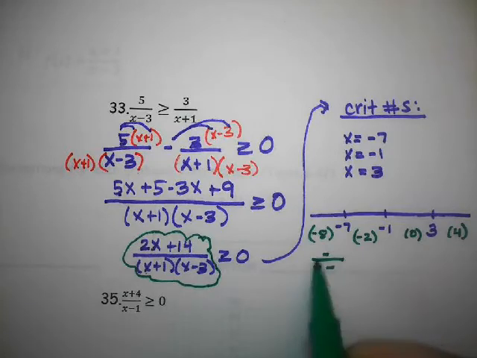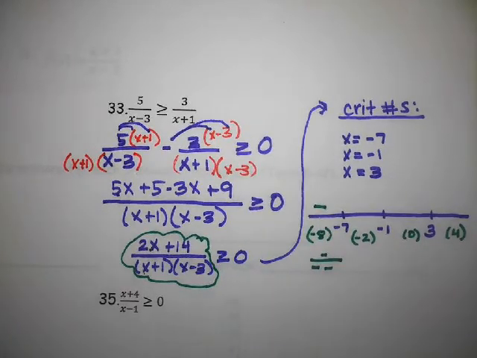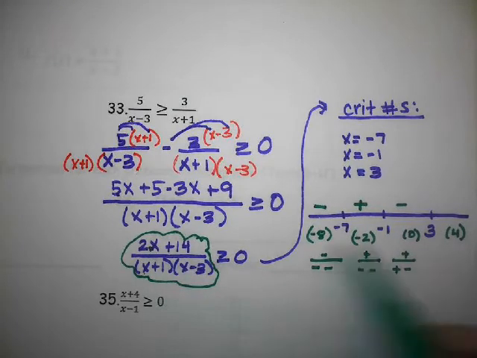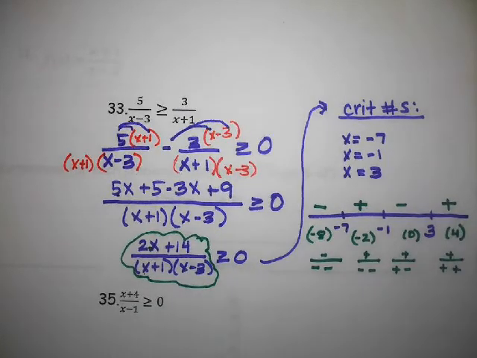All of this, when I simplify, is a negative. Put negative 2 in. So this is negative 4 plus 14, positive. If I put negative 2 down here, I have a negative and a negative. That all is going to be positive. Put 0 in. Up top is positive. On the bottom is a positive and a negative. All of that is negative. And lastly, we'll put 4 in. If I put 4 in, I get positive over positives, or positive.